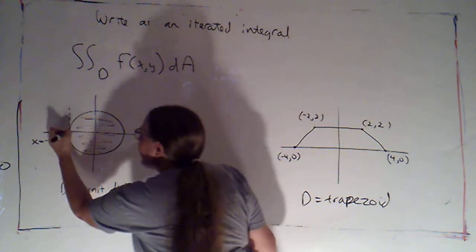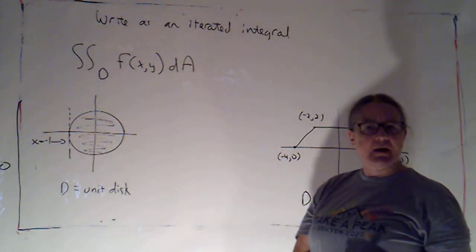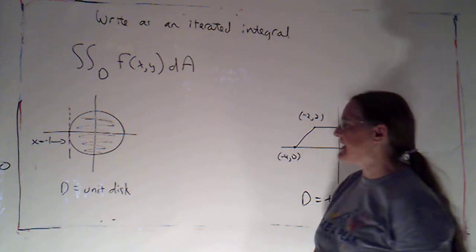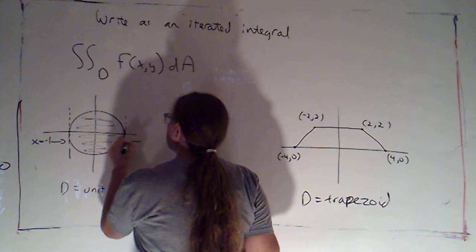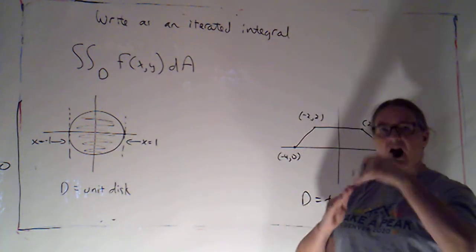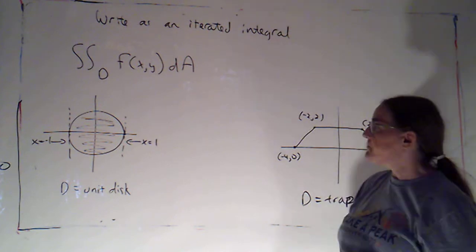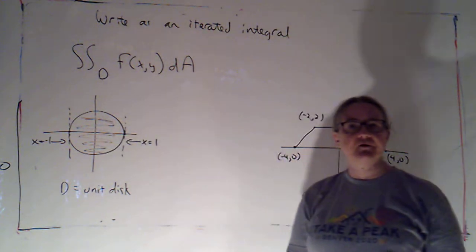I only have a wall here at that individual point where the top and the bottom meet. Okay. Same thing over here on the right. At x equals +1, the top and the bottom meet. And then the top would be the top half of the circle and the bottom half of the circle.